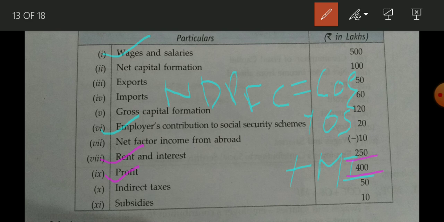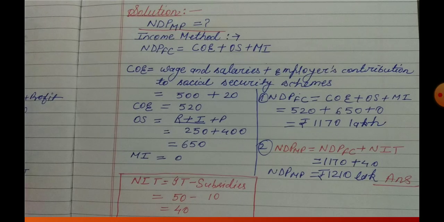Okay, I think you have noted down this question. So let me do this question. Here we have to calculate NDP/MP. Whenever we use the income method, we get NDP/FC, net domestic product at factor cost, by adding compensation of employees, operating surplus and mixed income.